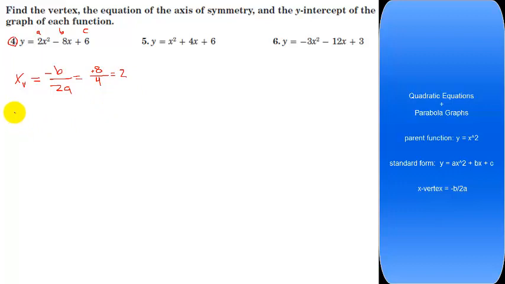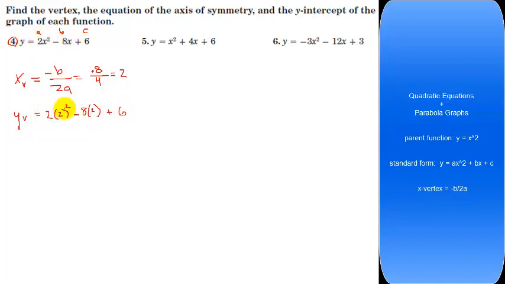The y-coordinate of the vertex, we're going to take this x-coordinate and plug it into the equation to get y. So we have 2 multiplied by 2 squared minus 8 times 2. So again, I'm just plugging in the x-coordinate that we found using the shortcut formula into the equation to find the y-coordinate. Plus 6.